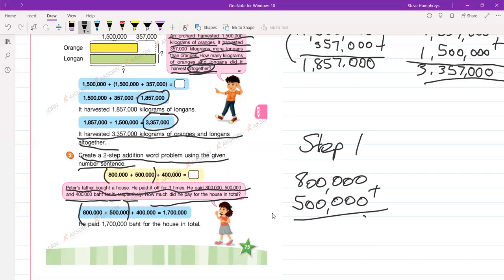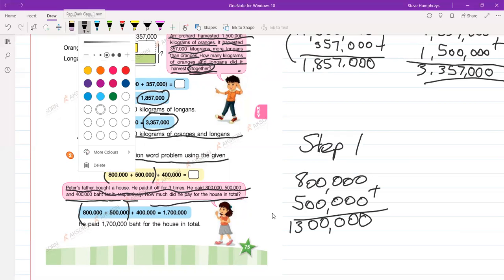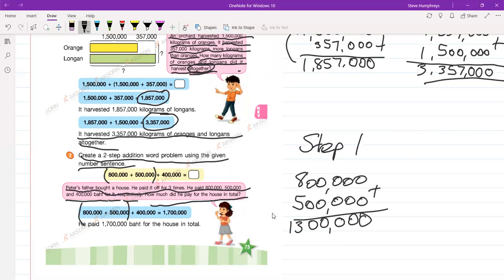All right, let's find that answer. 0, 0, 0, comma, 0, 0, 13. So it's, sorry, that's not right. Let's erase that comma, it's not in the right place. It's 1,300,000. That's right.